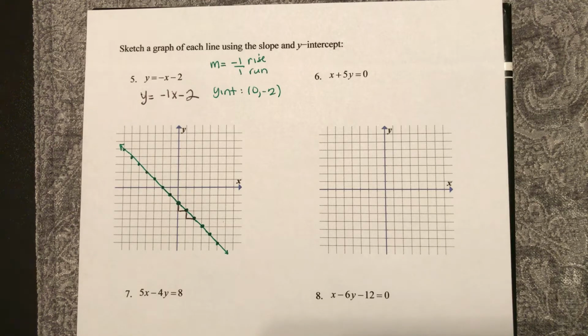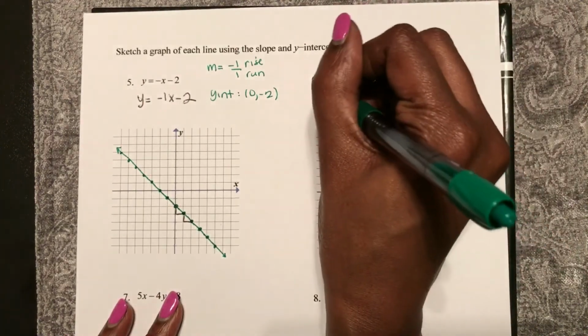So now here in number 6, I want to graph. However, I don't know my slope or my y-intercept. So I need to manipulate number 6 first to put it into slope-intercept form so that I can then graph the line. So what's the first thing I'm going to do here?